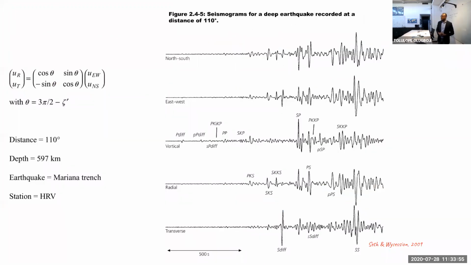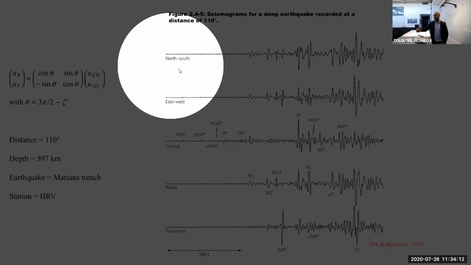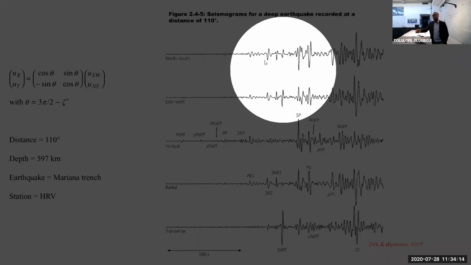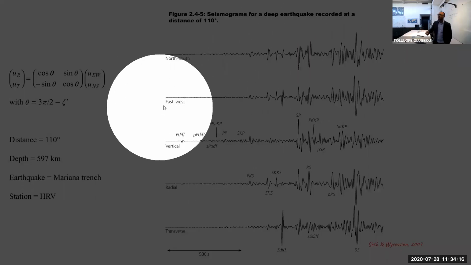So let's look at actual seismograms. Oftentimes you will have a three-channel seismogram: vertical, north, and east. For now, if you ignore the vertical channel and look at the horizontal plane, you've got a north-south channel recording a seismic wave as it arrives, and an east-west channel.